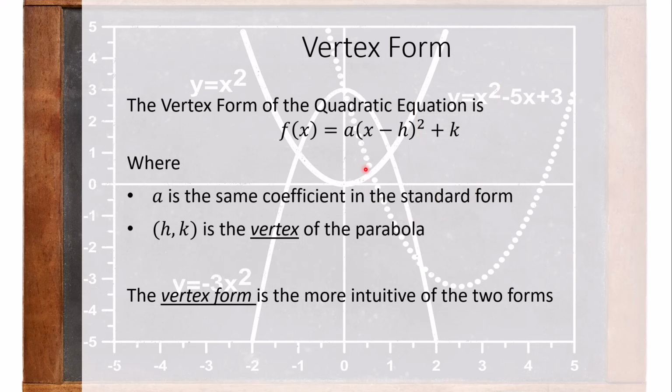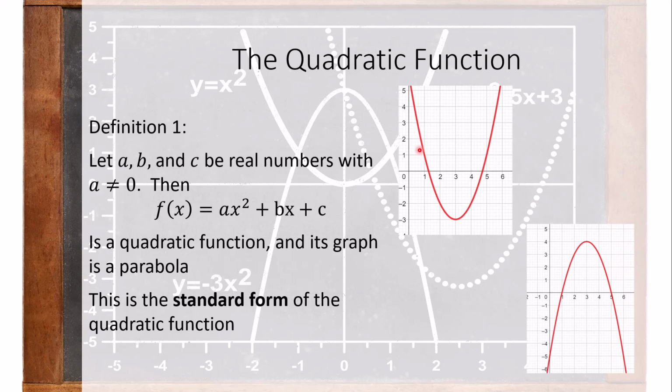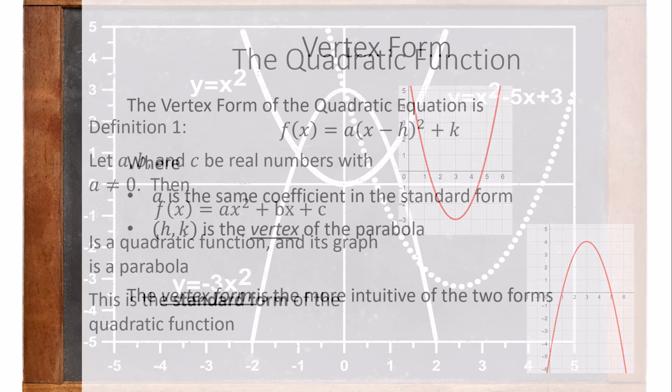So as a consequence, if you have the quadratic equation in vertex form, you can figure out more about the parabola than you can in standard form. The only 2 things standard form will tell you is if the parabola is going to be going upward when a is positive or downward when a is negative, and it will also tell you where it crosses the y-axis.